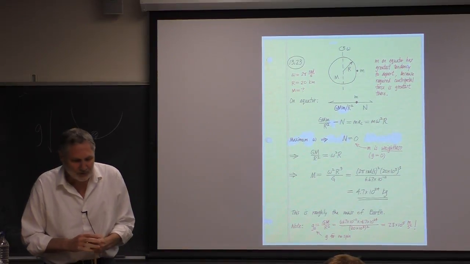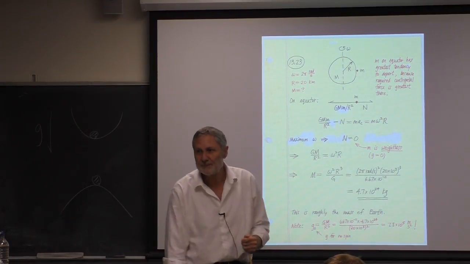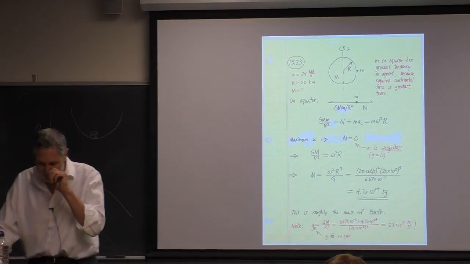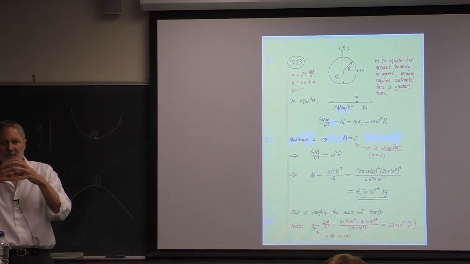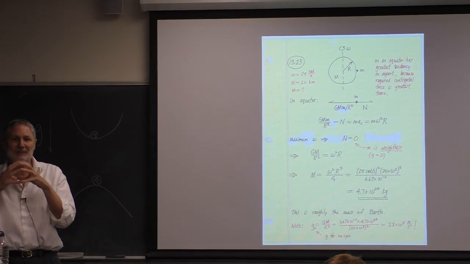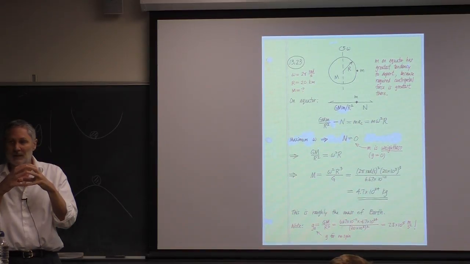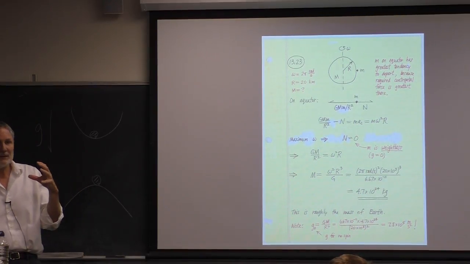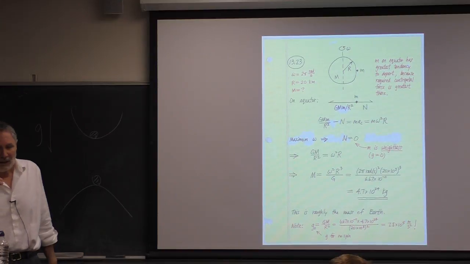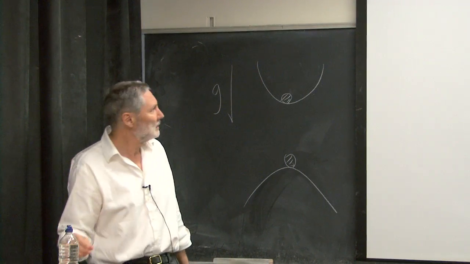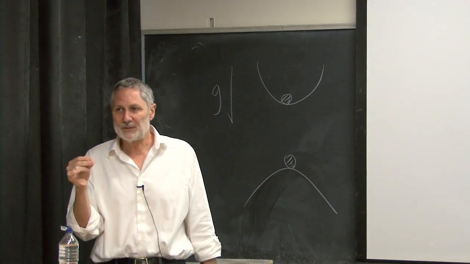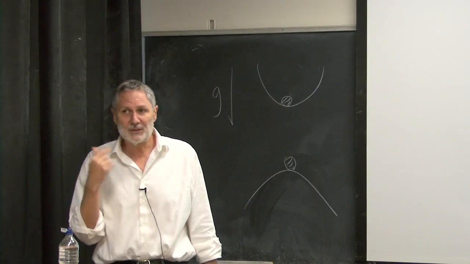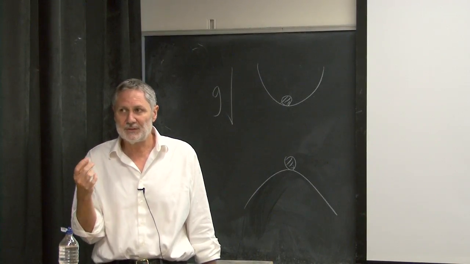Okay, I promised you a problem like this. If a planet or some astronomical body is spinning fast enough, and you're on the equator, let's say, and you release some object from rest, if it's spinning at just the right speed, that mass can just stay there.